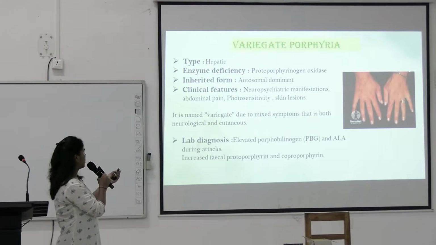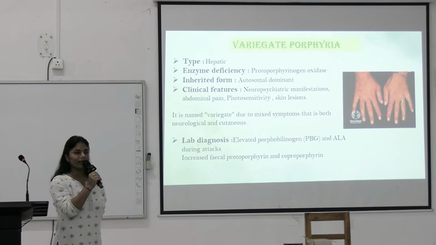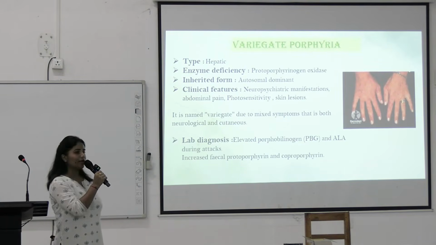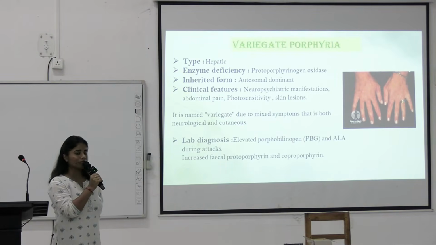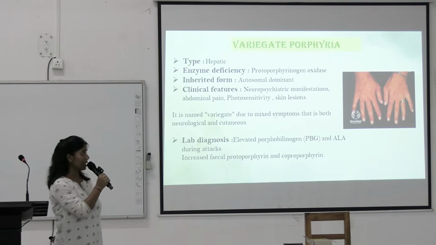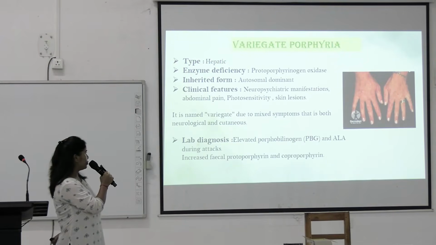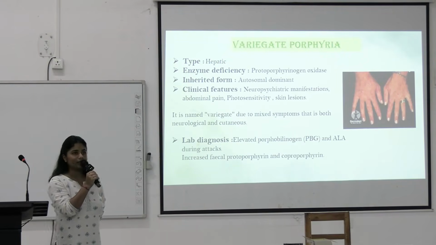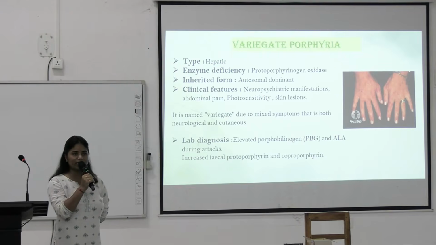Moving on to variegate porphyria, which is again a hepatic type of porphyria caused by the deficiency of protoporphyrinogen oxidase. Its inherited form is autosomal dominant. Its clinical features are abdominal pain, neuropsychiatric manifestation, photosensitivity, and skin lesions on sun exposure.